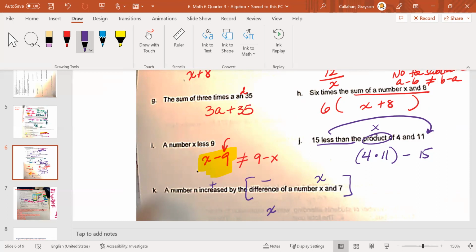So x minus 7, right? A number n increased by. So then plus n. Does that make sense? Or you could do n plus x minus 7. Because this isn't changed. Do you see how the n is positive here and the n is still positive there? X is positive here, x is still positive here. 7 is negative, 7 is negative. Okay, so that didn't change. The commutative property is fine.